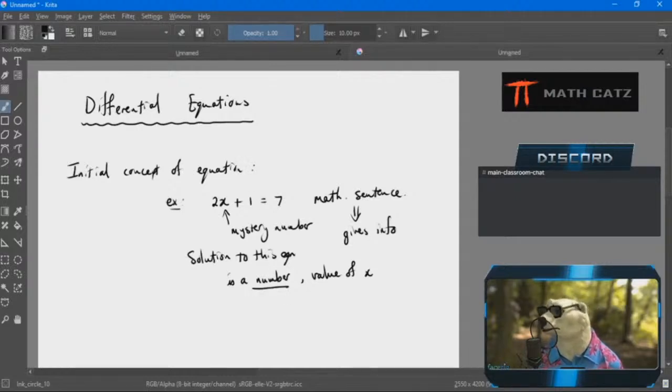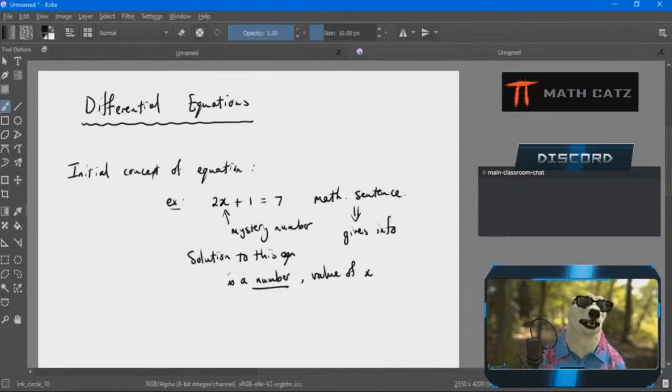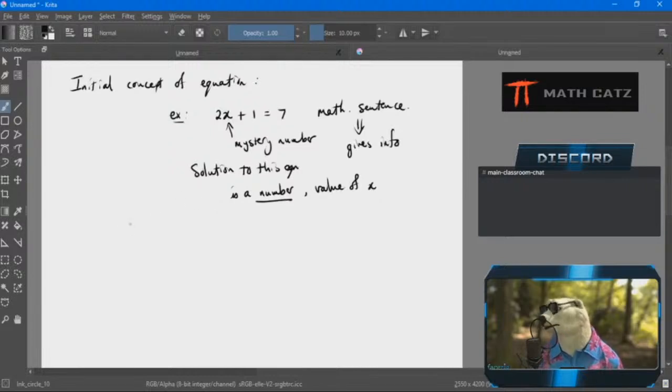So that is what we think of when we think of an equation. However, it's not complete. There are other kinds of equations. So let's see here, a new kind of equation.